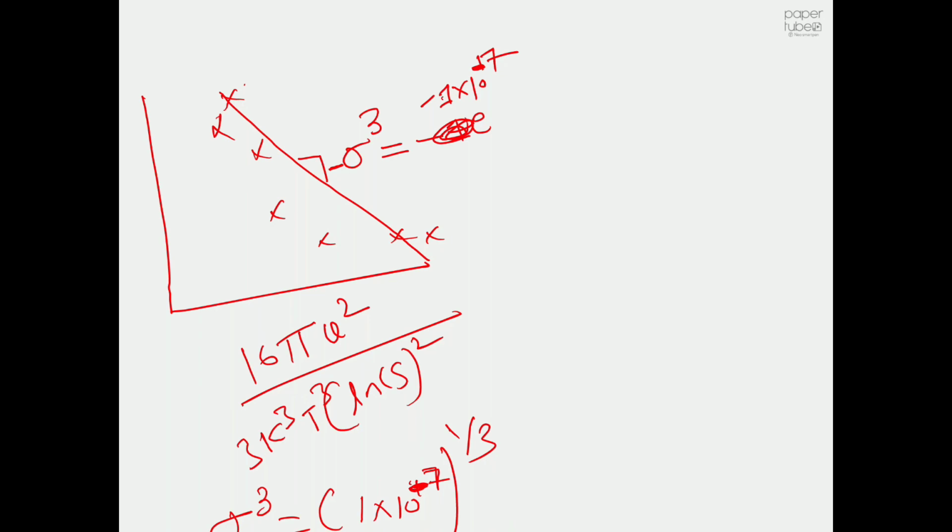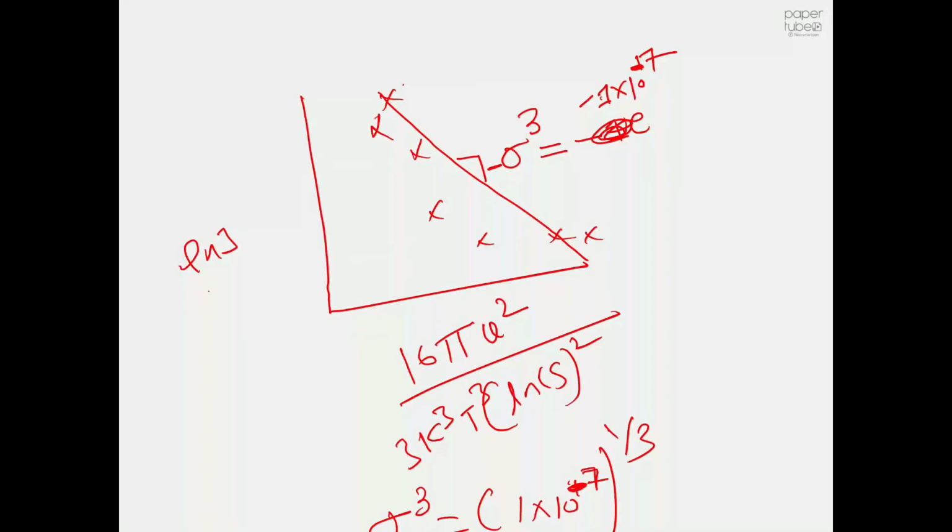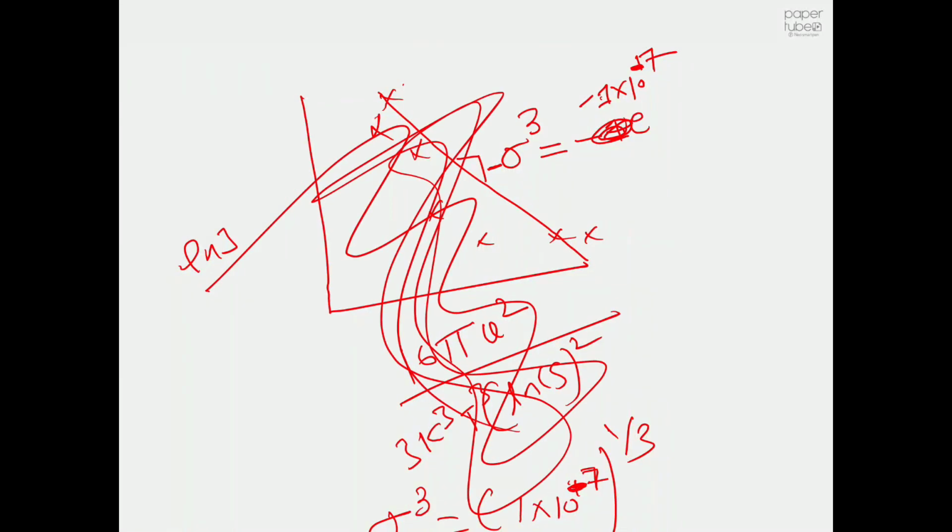Let me calculate it one more time. 16 pi, 3.14, into volume raised to the power of square, divided by 3 times k Boltzmann constant. I think I made a mistake when I was plotting. That's why it took some time. The calculations were completely fine.